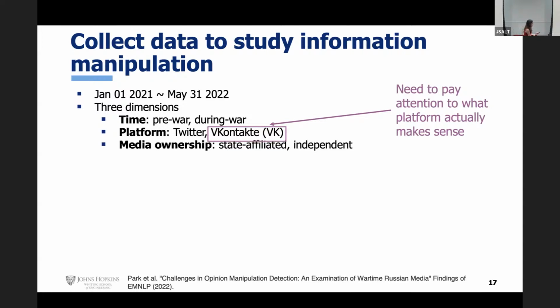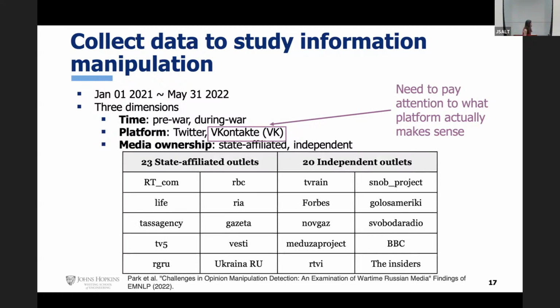We also care about collecting data from media outlets that are state affiliated versus more independent. If we're looking at information manipulation, this is the dimension we care about: which outlets might be following the government narrative. This was not collecting data based on random keywords the way the previous study was. This was looking at what these various news outlets are posting on these platforms and pulling posts made by them.